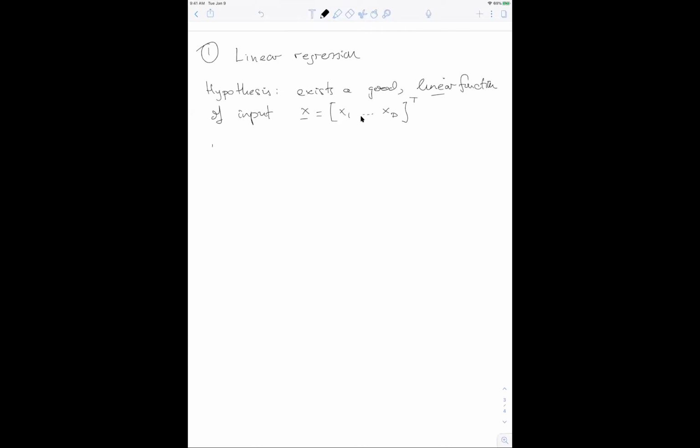What does it mean for it to be a linear model? It means that the function f, which again takes my feature vector x and my parameters w, which is also a vector, looks like this.